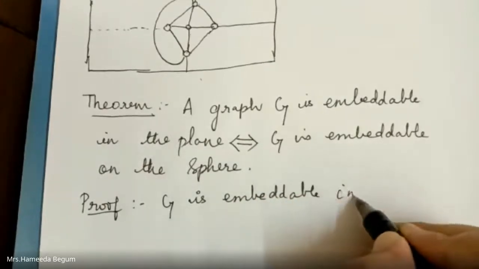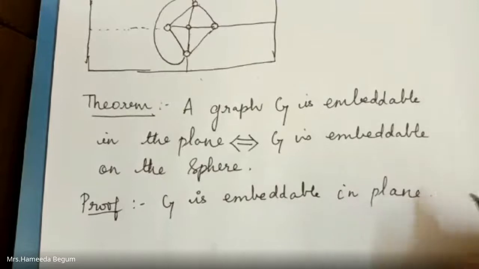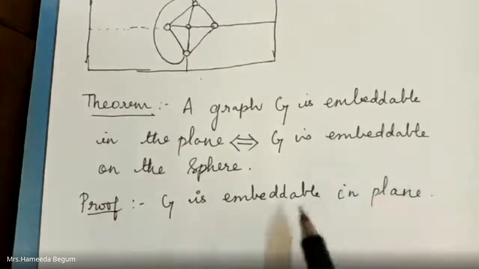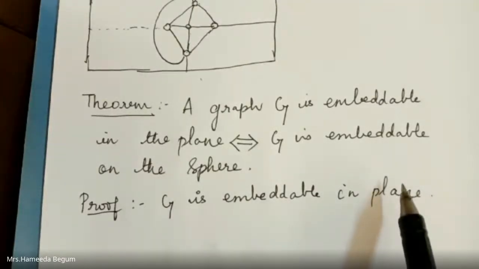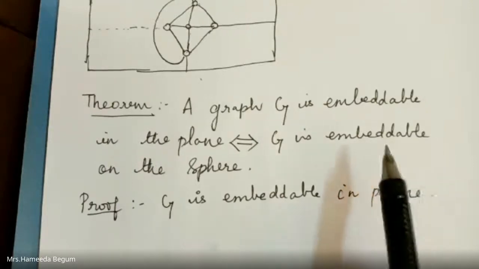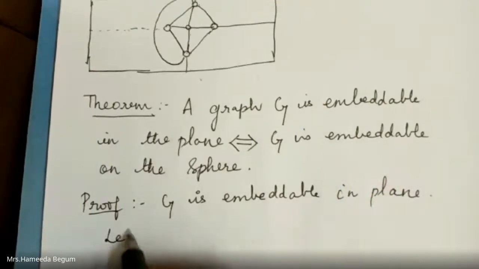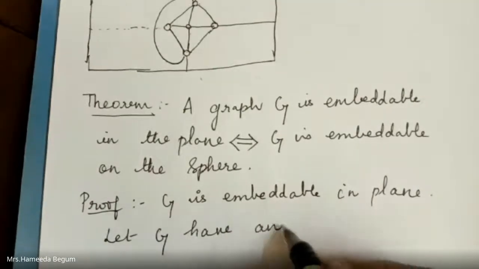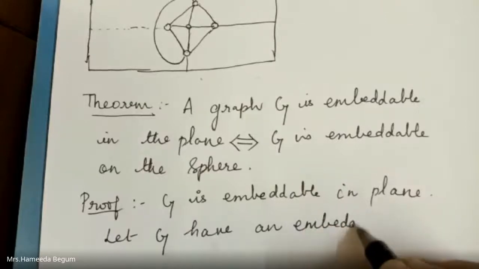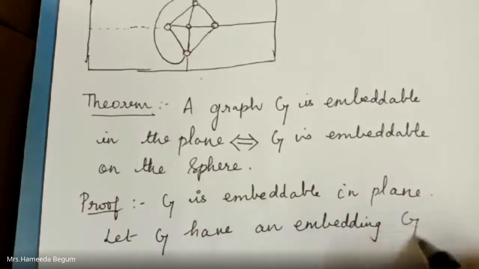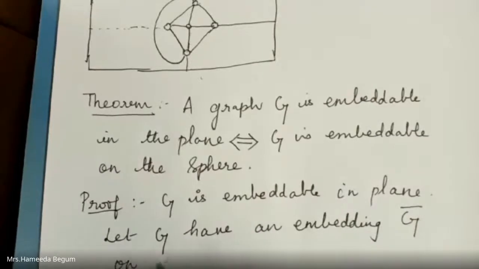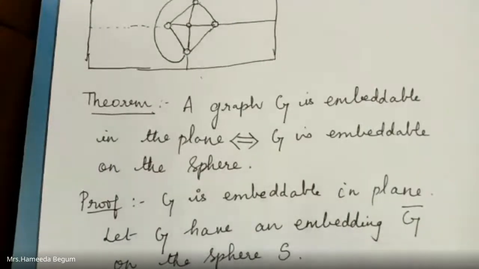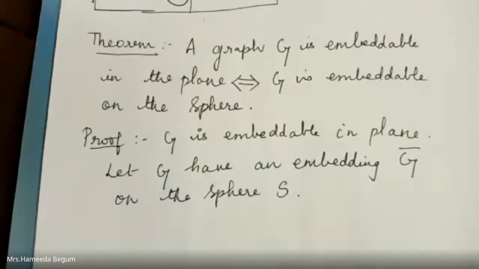So if G is embeddable in the plane, G will have an embedding G bar on the sphere S. So let G have an embedding G bar on the sphere S. So you could imagine it three-dimensionally actually.